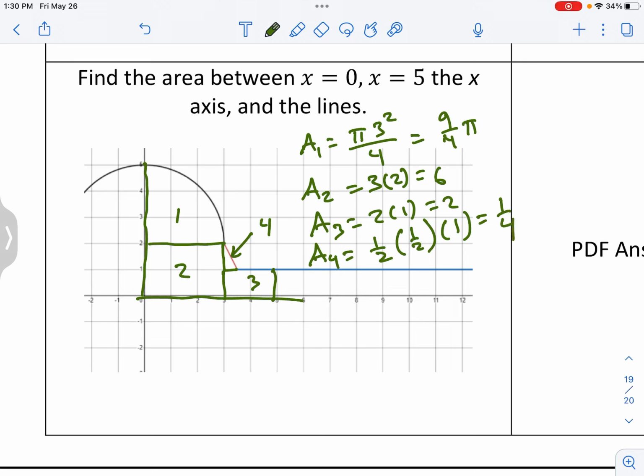Okay, so that's really, really tiny. So the area of everything will be 9/4 pi plus 6 plus 2 plus 1/4. That's 8 1/4 plus 9/4 pi.